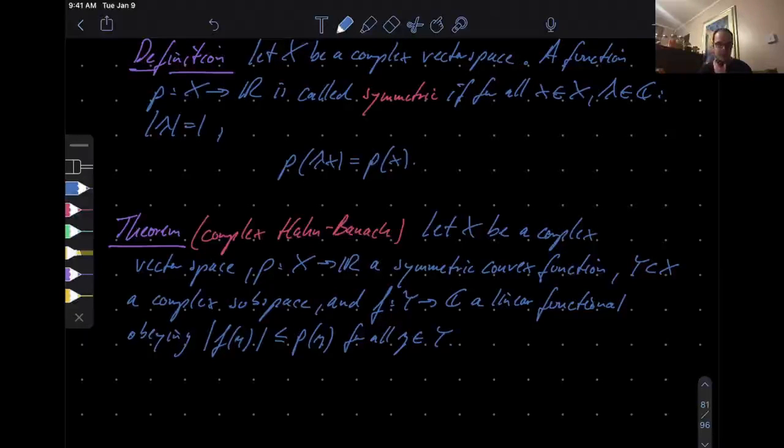So the complex modulus is dominated by the symmetric convex function.